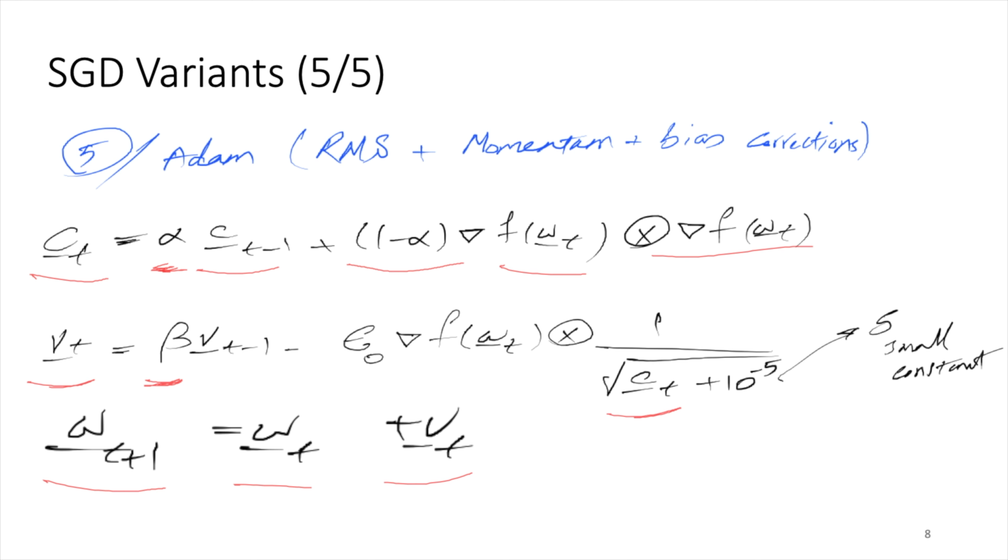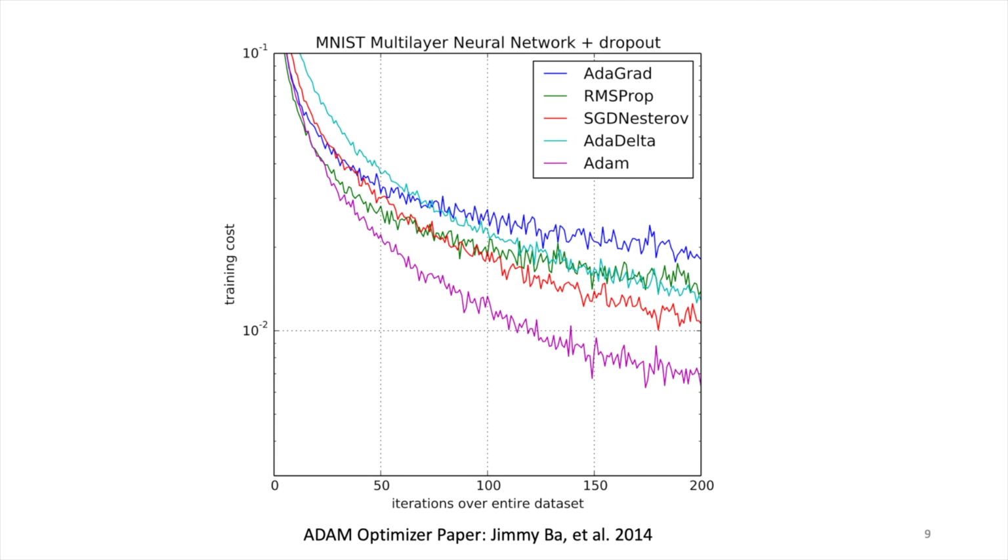All right, I'm just bringing back this graph from the Adam paper, just to showcase some of the performance measurements between these 5 techniques that you already know. This was tested inside the Adam 2014 paper, so you can Google it, using Google Scholar or otherwise.